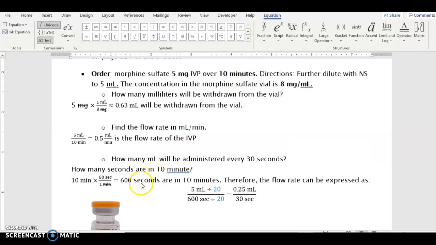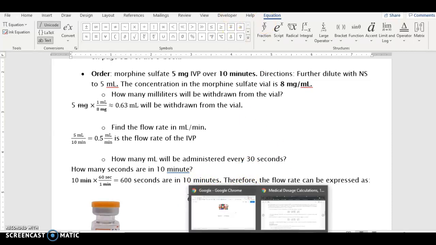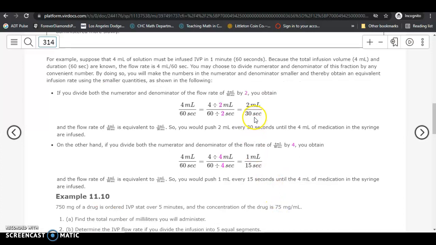So to figure out how many 30-second segments are in 600 seconds, we divide by 30 and we got 20. Then we take that 20 and divide the top and the bottom of this fraction to get the number of milliliters we'll give every 30 seconds. And they do a similar approach here, so they explain it that way.